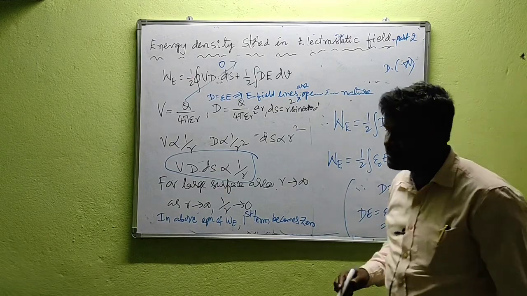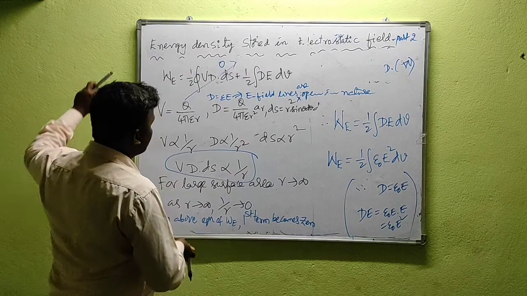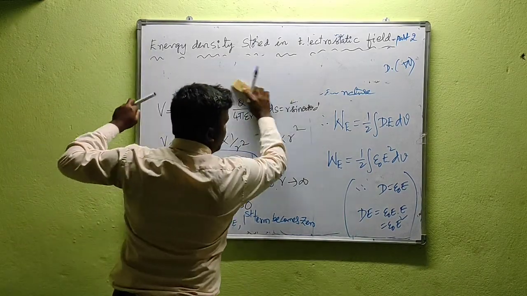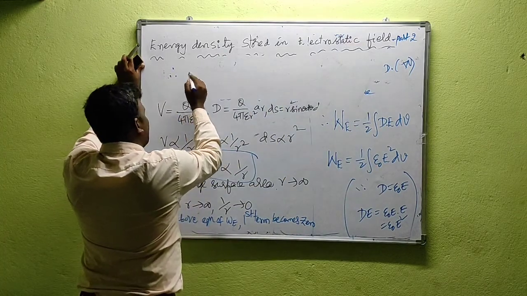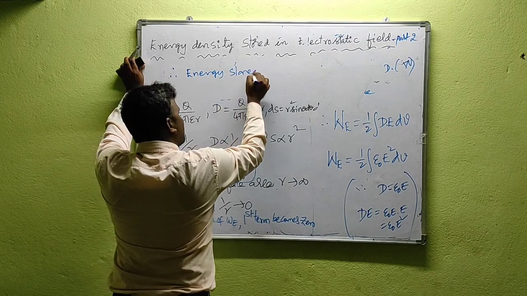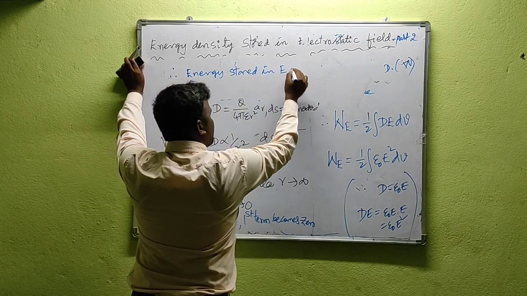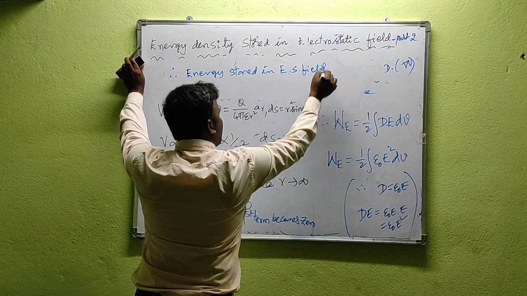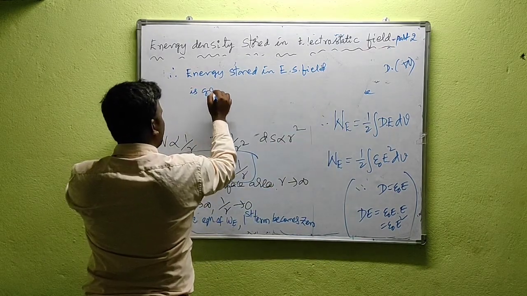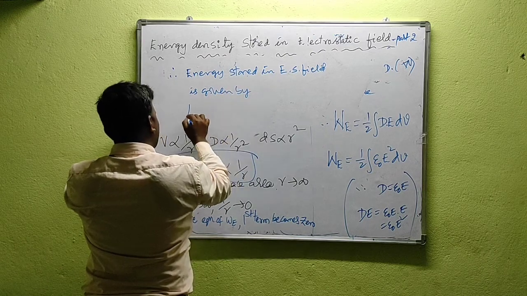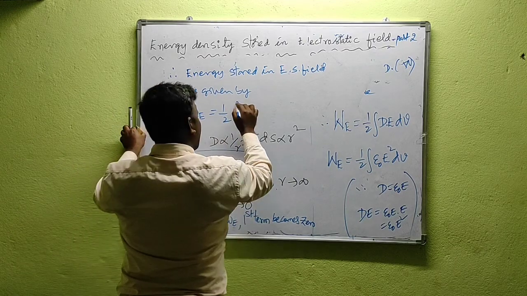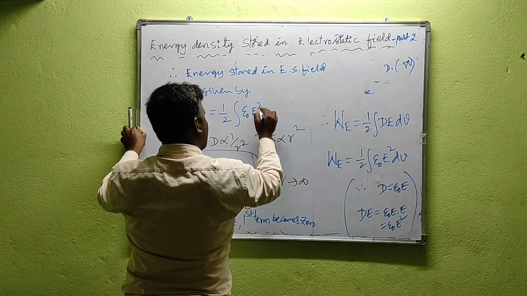Finally, we have WE. Energy stored in the electrostatic field is given by capital WE equal to 1 by 2 integral epsilon naught E square into dV.